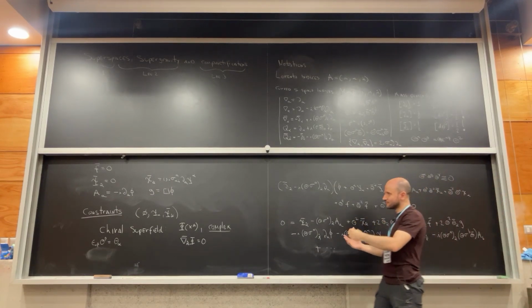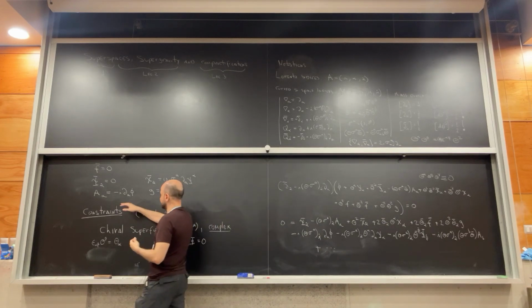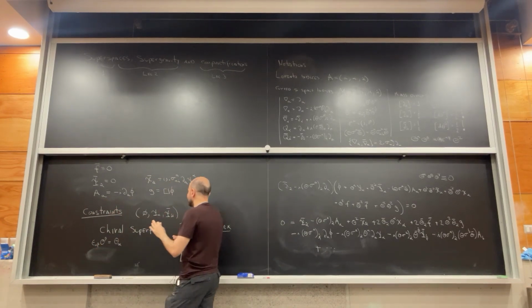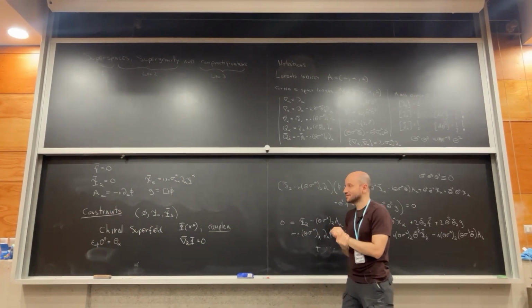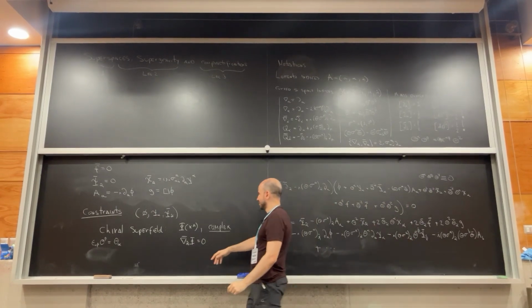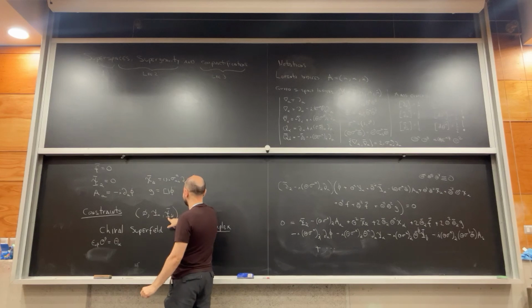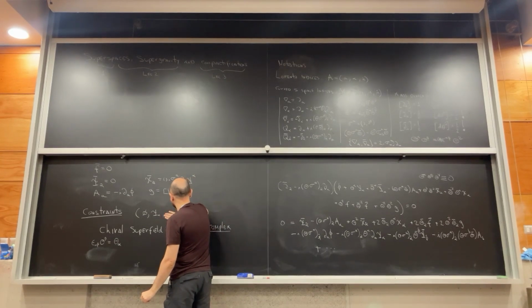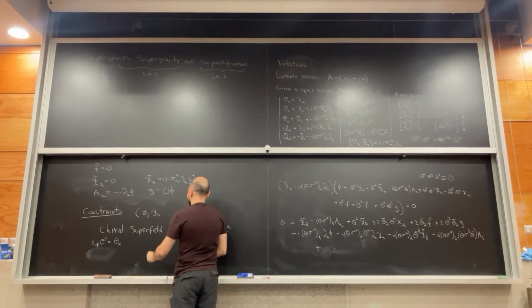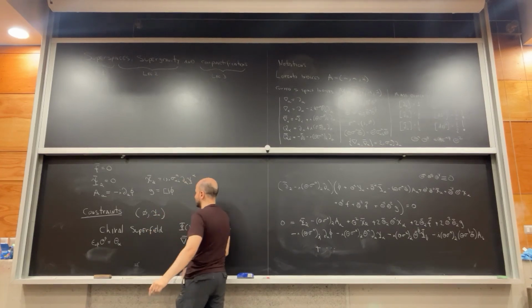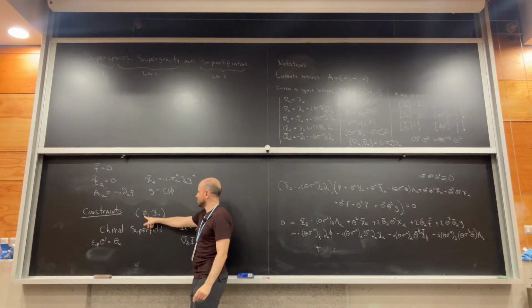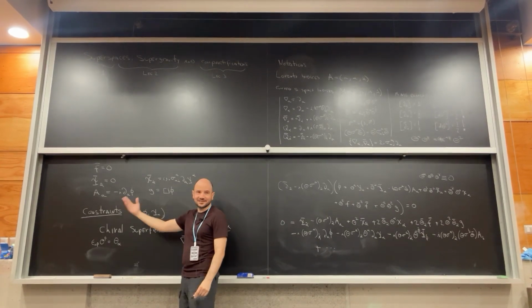So I get a list of constraints, all of them can be solved algebraically, and it's reducing the number of components. So I'm going to have phi, and this psi over here, this psi should be 0. And that's it. The whole superfield is going to depend only on phi and psi and their derivatives.